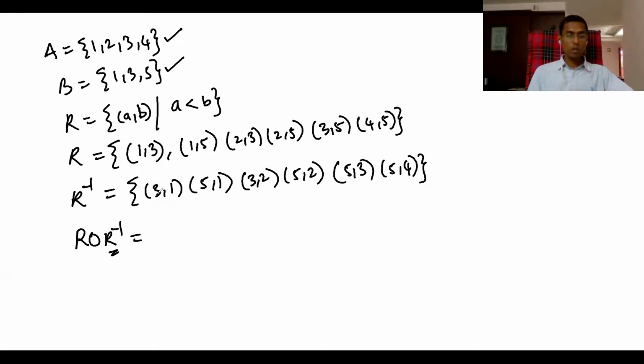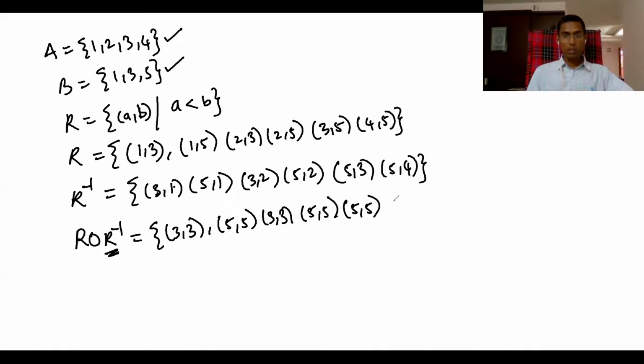R inverse is 3, 1 then 1, 3, which gives 3 comma 3. Then 5, 1 and 1, 5 gives 5 comma 5. Similarly another 5 comma 5, and again 5 comma 5, but you need not write 5 comma 5 so many times.